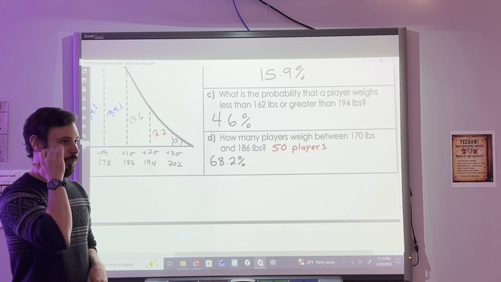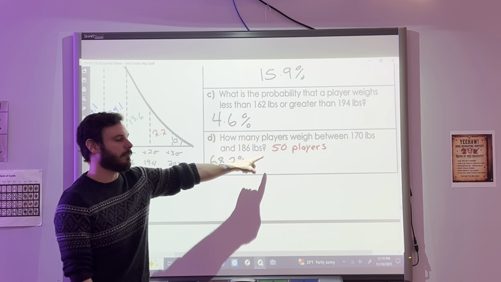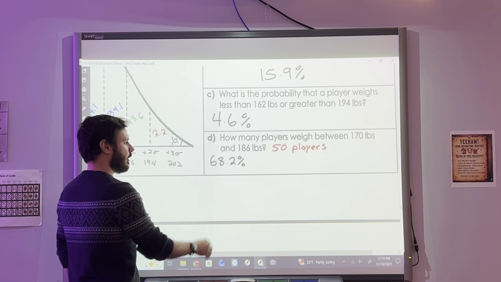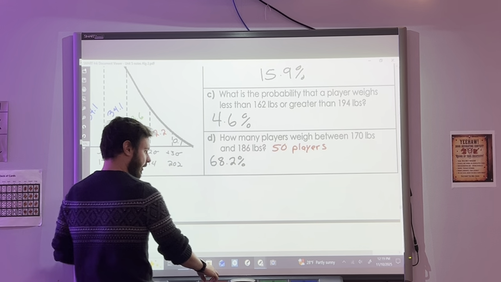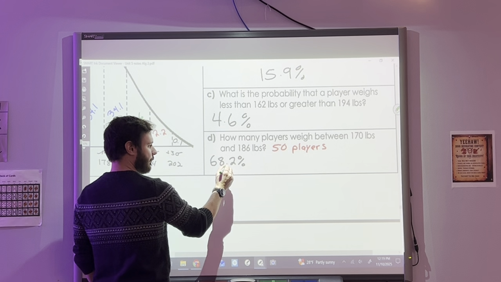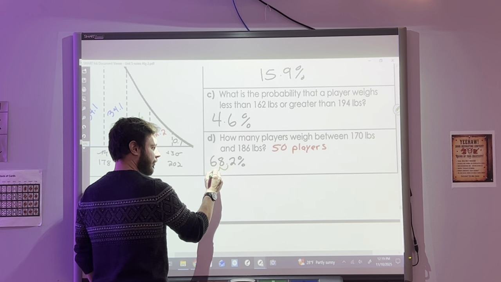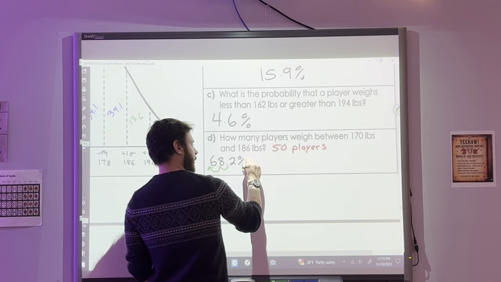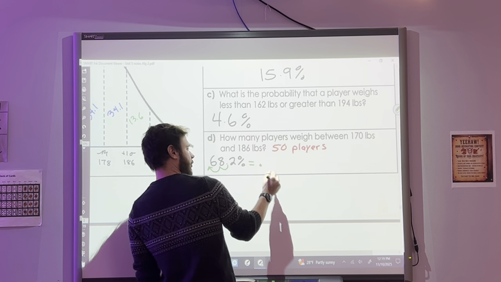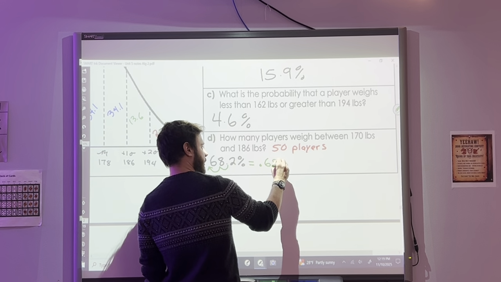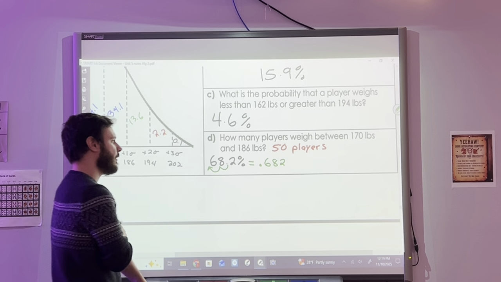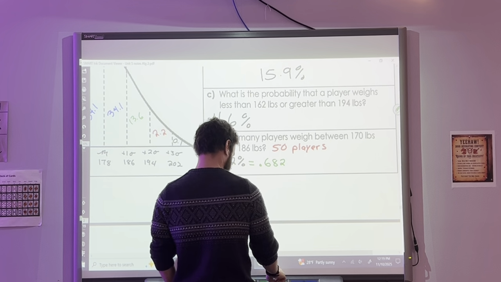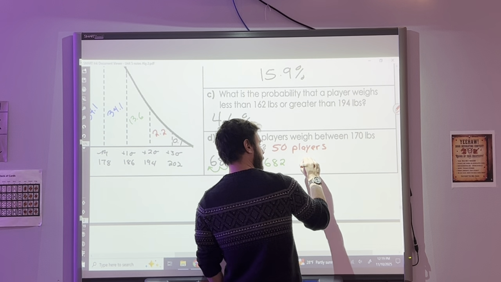And you can't tell me that 3,000 players weigh between if we only have a max of 50. So we need to convert this into a way that our calculator likes it. How we do that is we take the decimal point and we move it 2 to the left, making this into a decimal, 0.682. Now I can multiply 50 times 0.682.